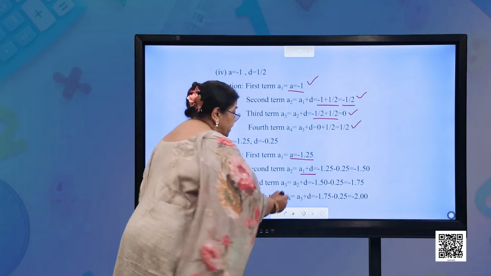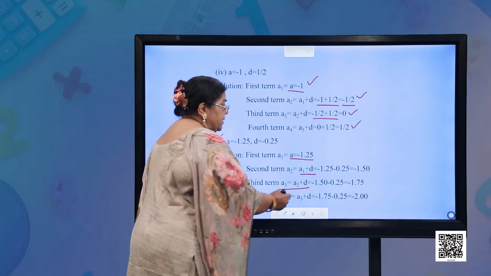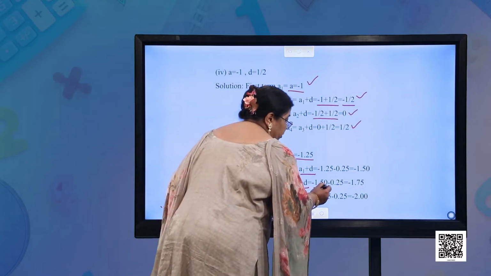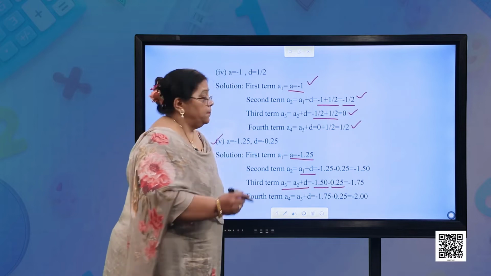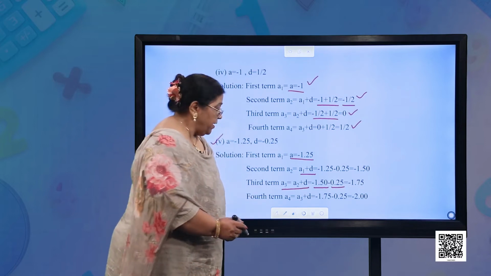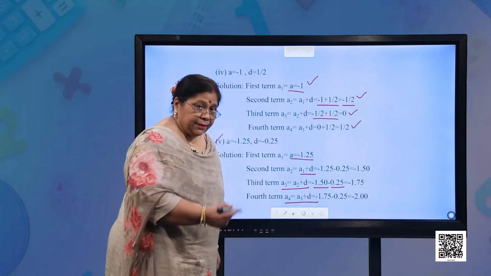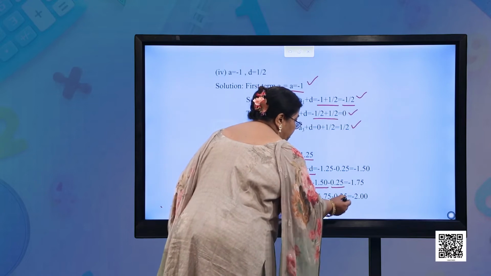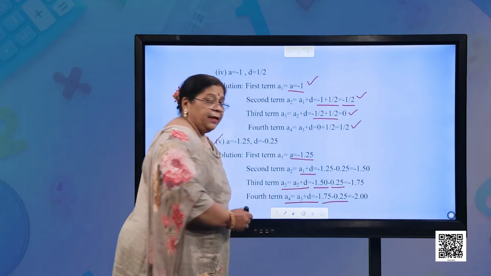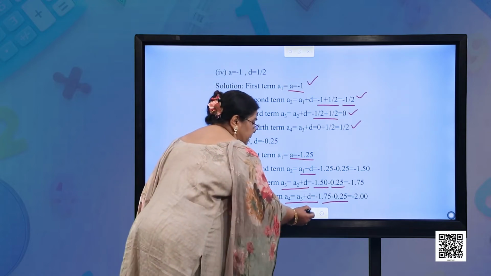Now, third term is a3, a2 plus d. It can be written as minus 1.50 minus 0.25, that gives us minus 1.75. Fourth term a4 can be calculated as a3 plus d, that is equal to minus 1.75 minus 0.25, that gives me minus 2.00. I hope it is clear.